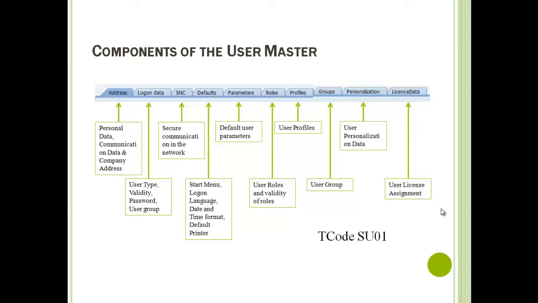To create an SAP user master, the transaction code is SU01. In order to execute this transaction code SU01, quite a number of authorization objects are required. So how do we know which authorization objects are required to run SU01?